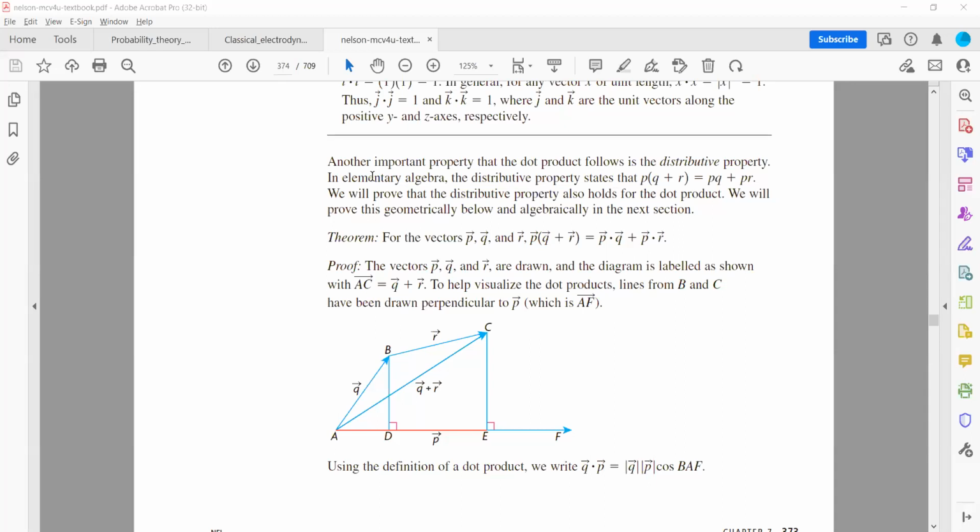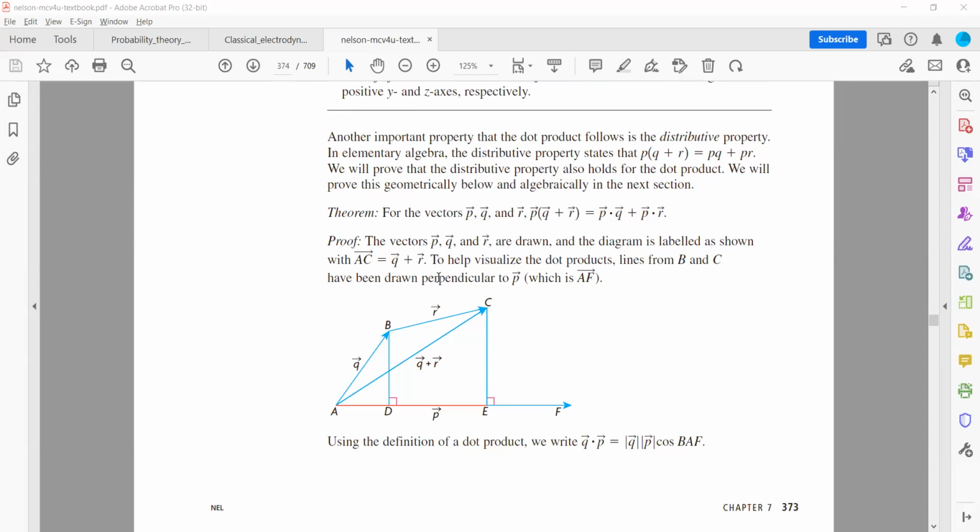We will prove this geometrically below and algebraically in the next section. Okay, so the theorem for the vectors p, q, and r: p dot q plus r equals p dot q plus p dot r. Okay, so the proof is as follows.